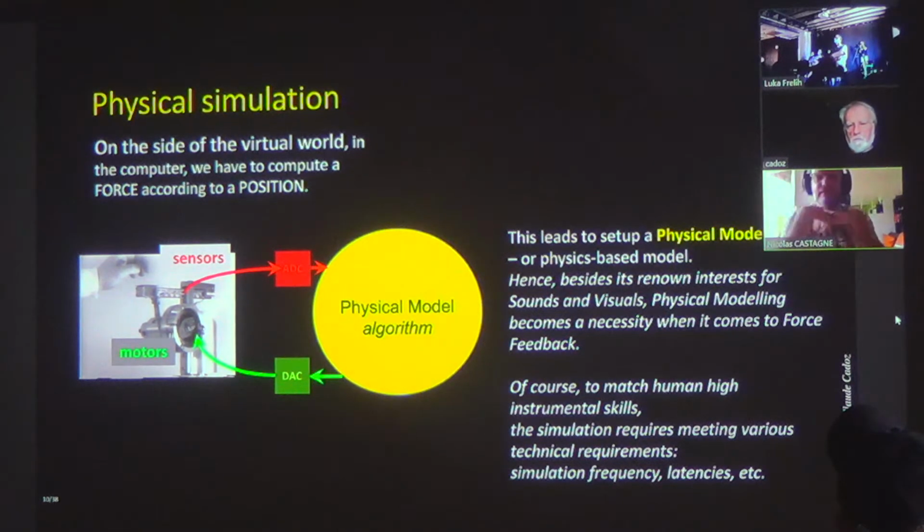Hence, besides its renowned interests for sound and visuals, physical modeling becomes, with haptics, with force feedback, a true necessity, of course, to match human high instrumental skills. The simulation, again, requires meeting various technical requirements, but I won't get into these details today.